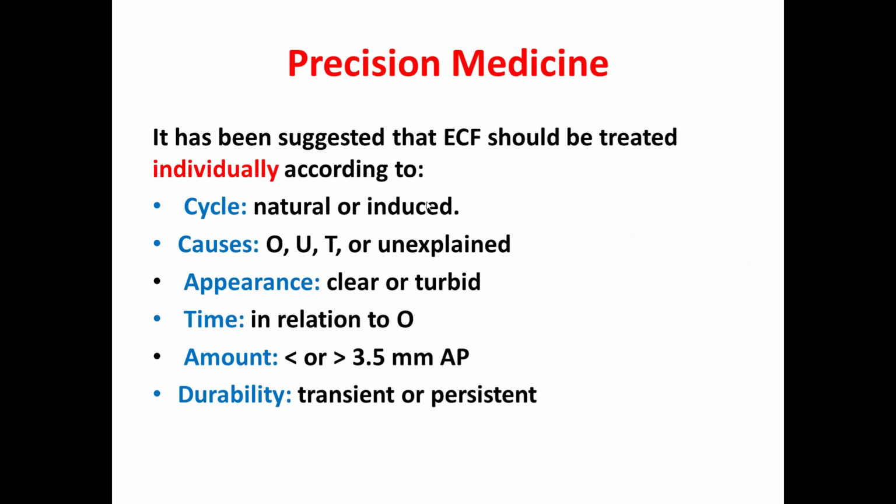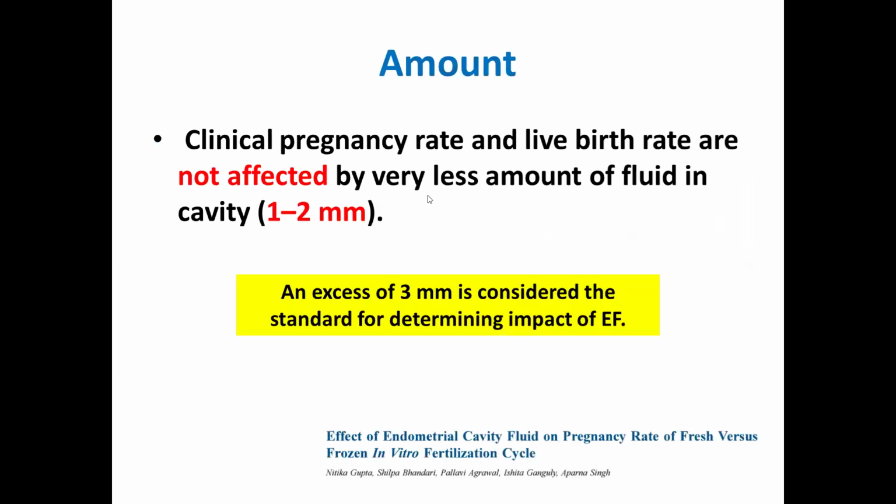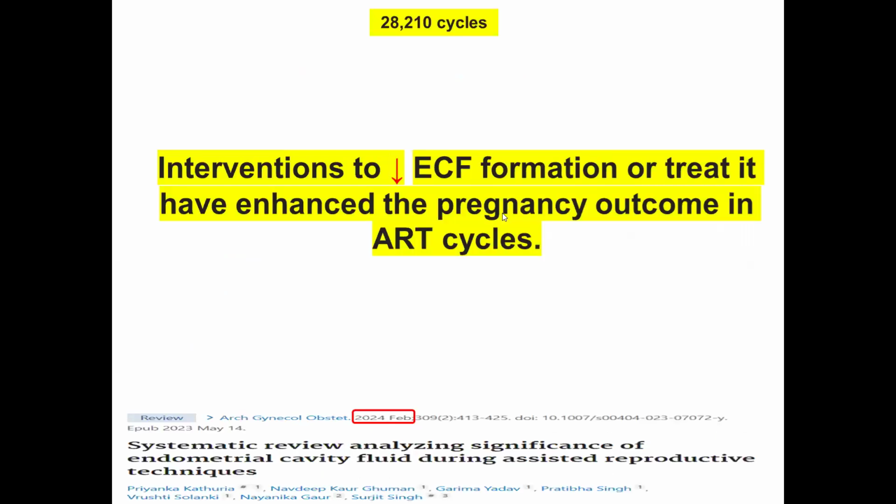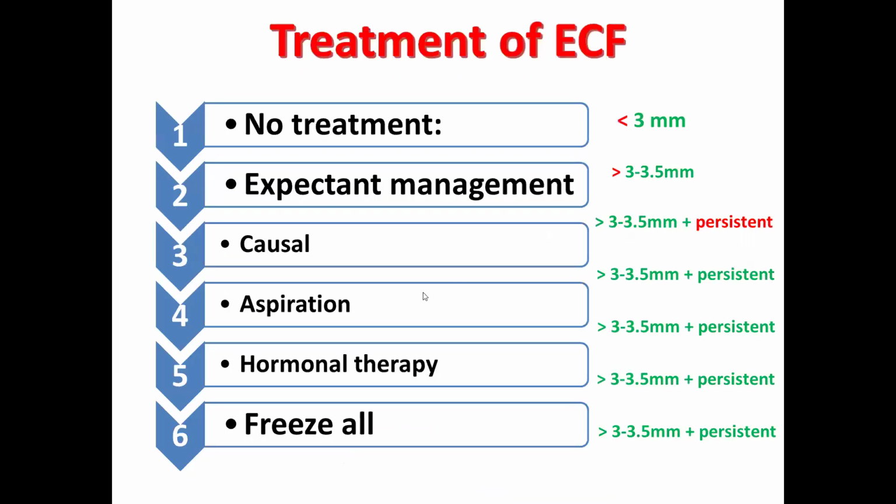You cannot treat all cases the same, because if the amount is less than 3 millimeter, usually it doesn't affect you. You have to ignore it, don't put it in your mind. It will not affect pregnancy rate, and interventions to decrease endometrial cavity fluid or to treat it have enhanced pregnancy outcome in ART cycle.